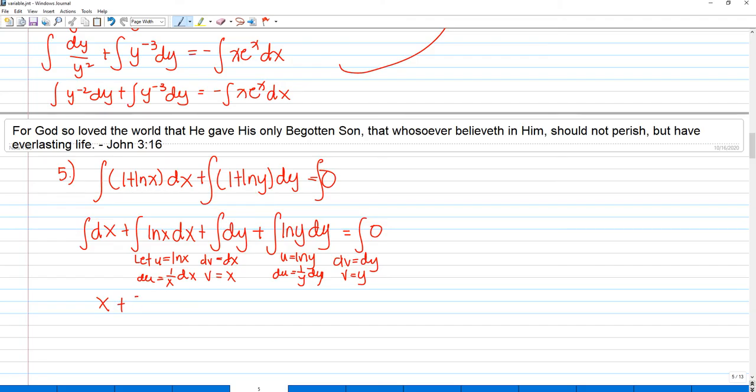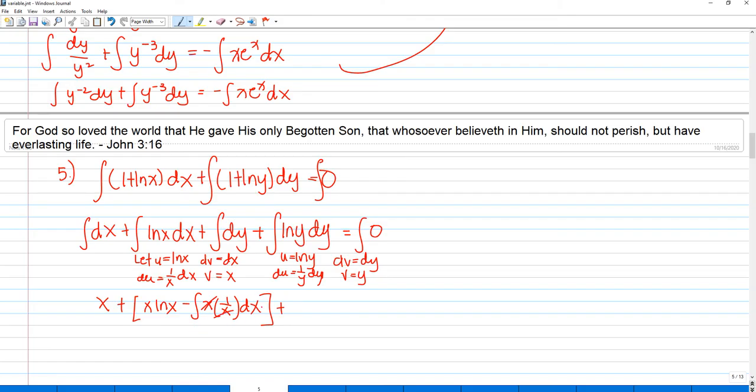So we perform uv minus the integral of v du. u times v, that's x ln of x, minus the integral of v, which is x, and our du is 1 all over x dx. As you can see, this would cancel.